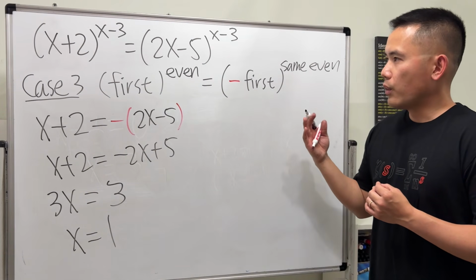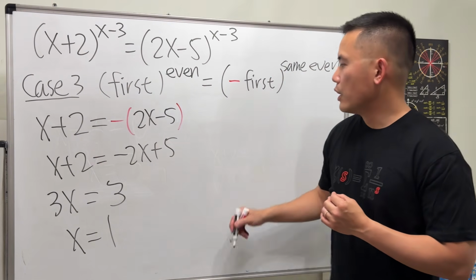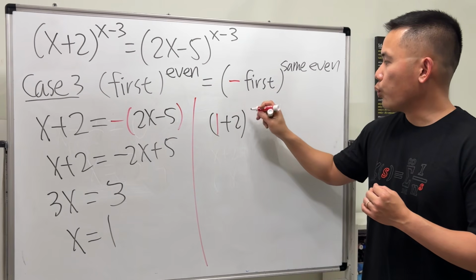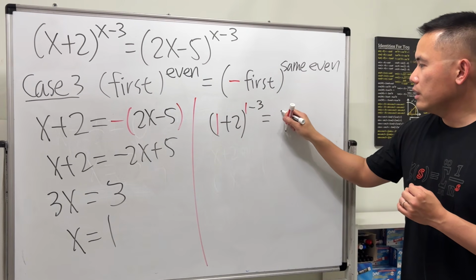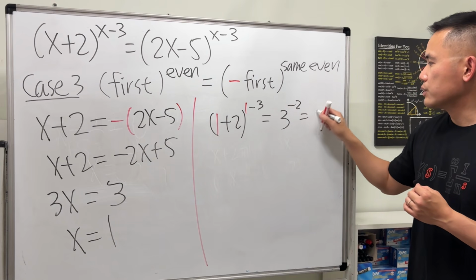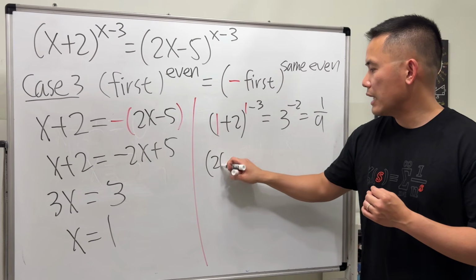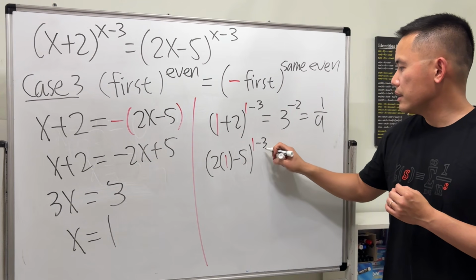So, why does this work? Because when x is equal to 1, if you plug in here, we are looking at 1 plus 2 raised to the 1 minus 3. That is going to be 3 to the -2, which is 1 over 9. Now, if I plug 1 into here, we will have 2 times 1 minus 5 raised to the 1 minus 3.